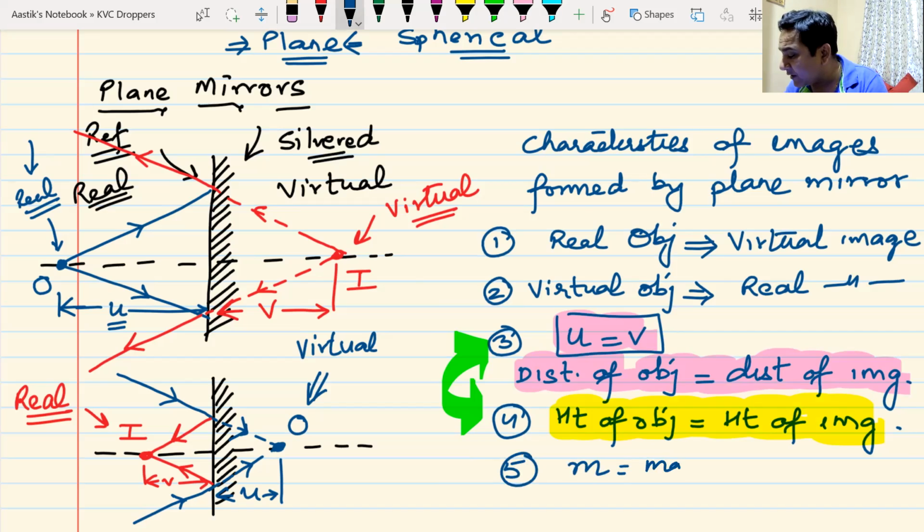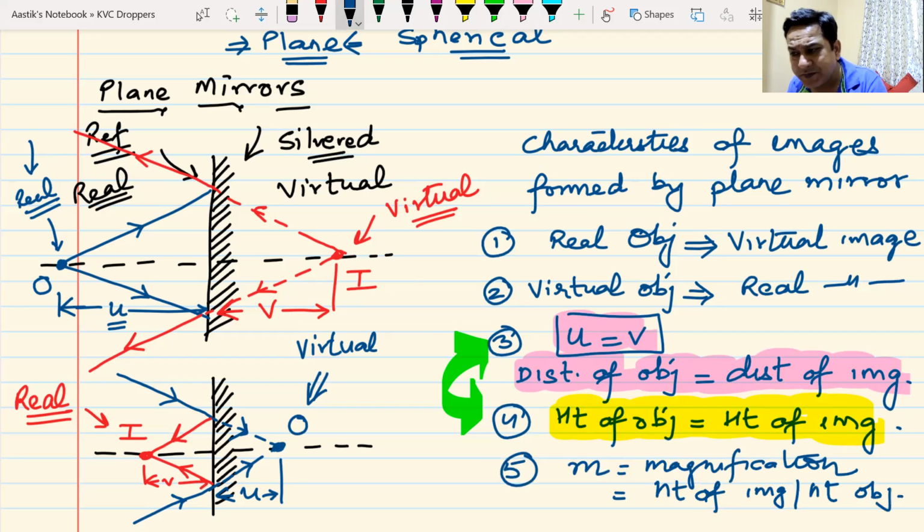And this magnification in all the cases is equal to height of the image divided by the height of the object. Do we understand this? This is very easy to see.